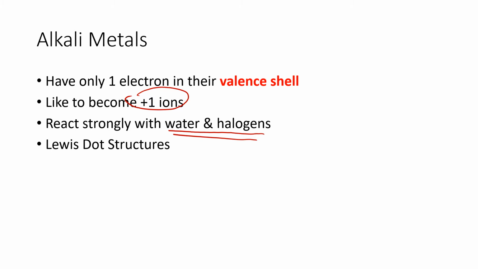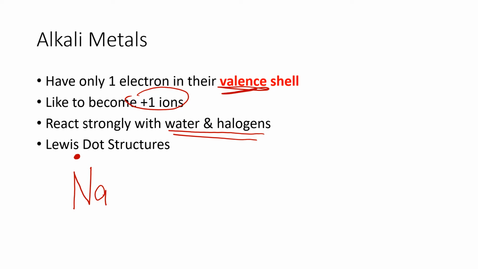A Lewis dot structure is focused on the valence shell, the valence electrons. So for example, for sodium, which is an alkali metal, it only has 1 valence electron, so I would put 1 dot to indicate the Lewis dot structure.